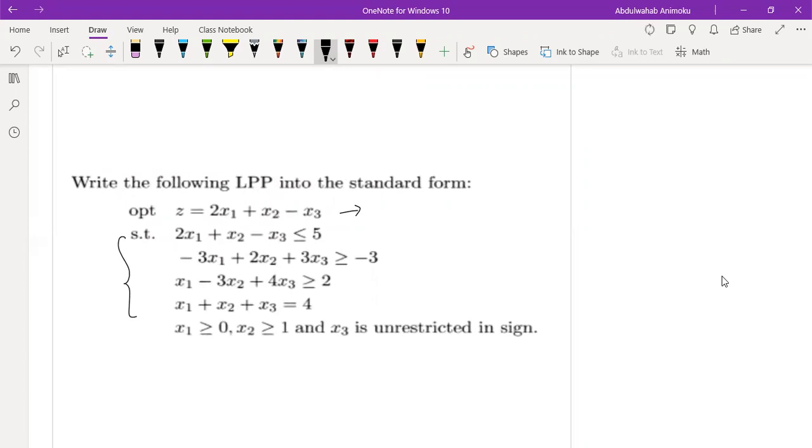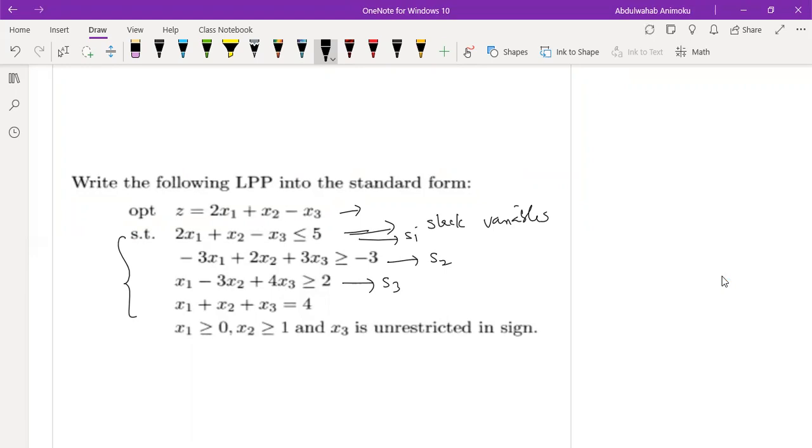Now, we know that we are going to need a couple of things. We're going to need some slack variables. We're going to need one slack variable here, S1, another slack variable here, S2, and another one, S3 here. So these are the slack variables that we will need to solve this problem.